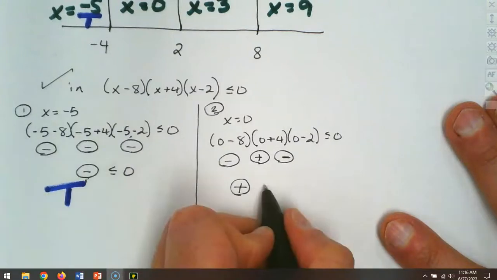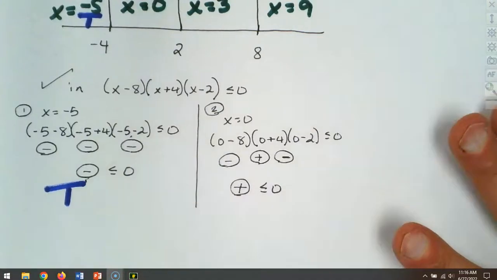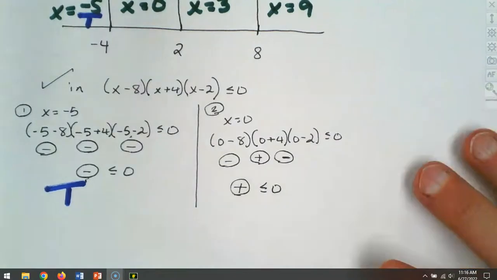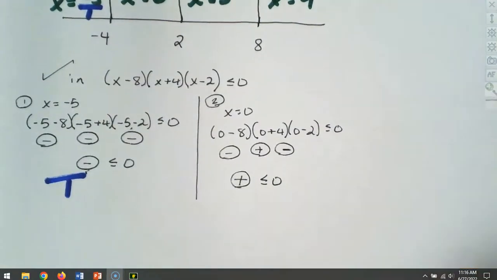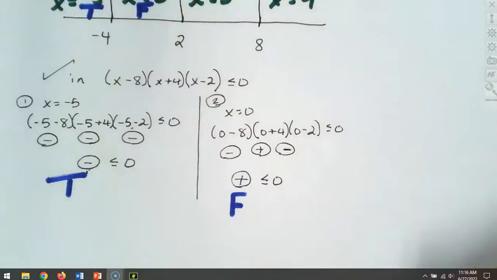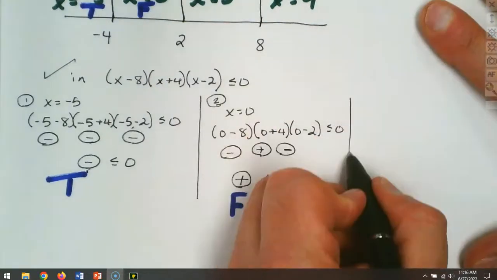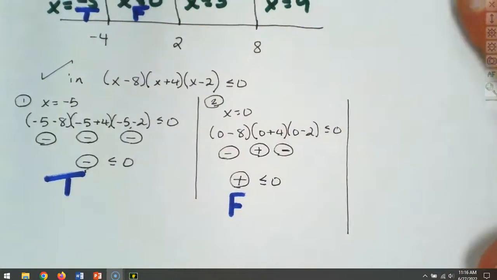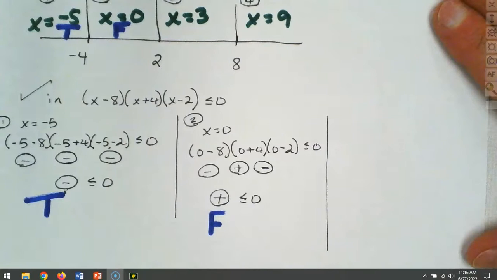Are positive numbers smaller than 0? No. So that means this one would be false. Most of the time they're going to switch back and forth between true and false. So we've got 2 more to check.